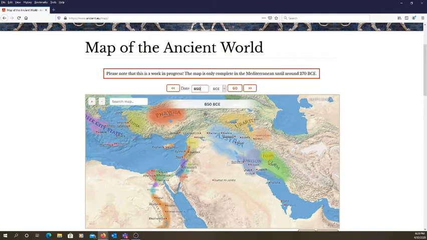850 BC. Assyria is pretty much split right here. Babylonians will eventually use that to gain control. Alright, 800 BC.